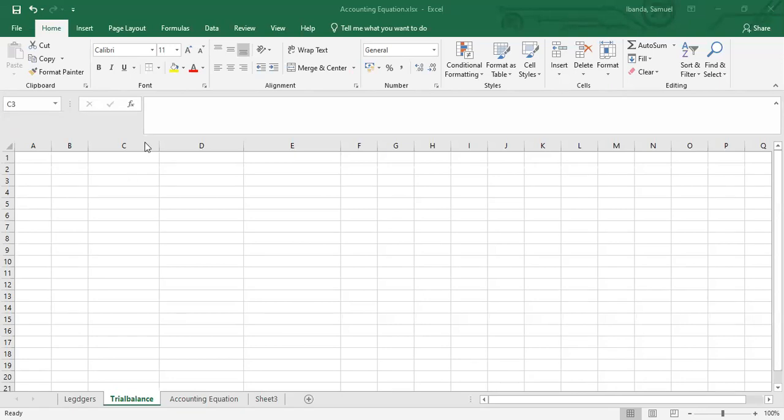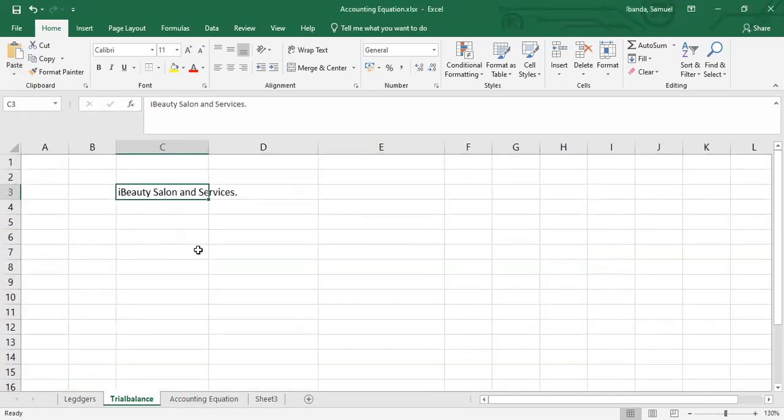So this is I Beauty Salon, trial balance, as at 31st October. Just a simple heading there.